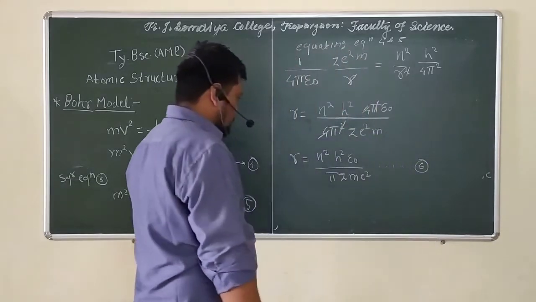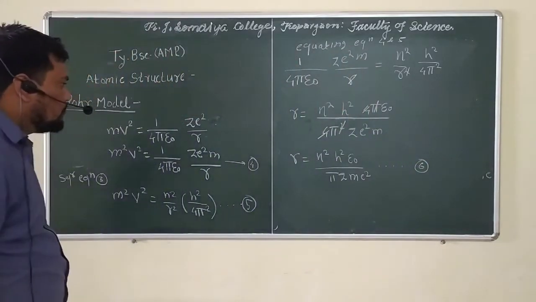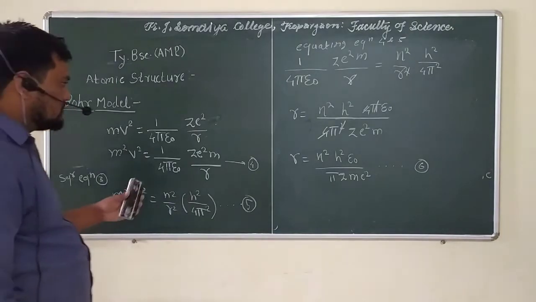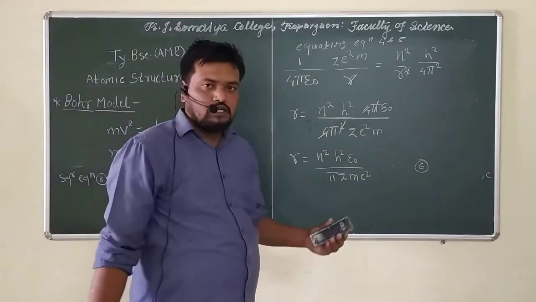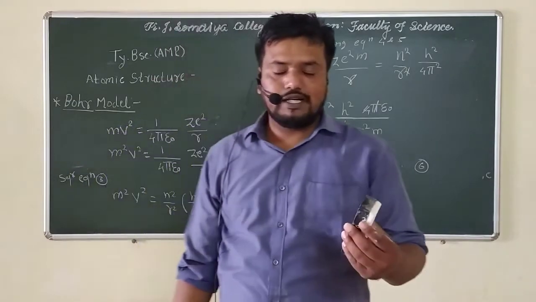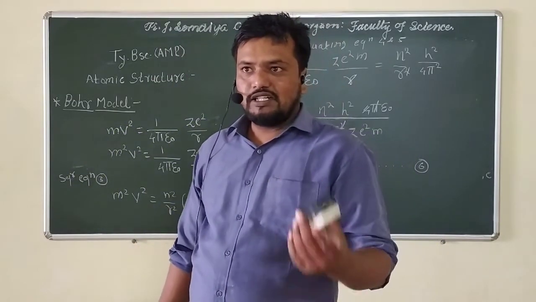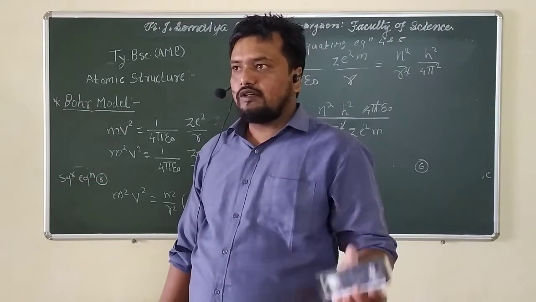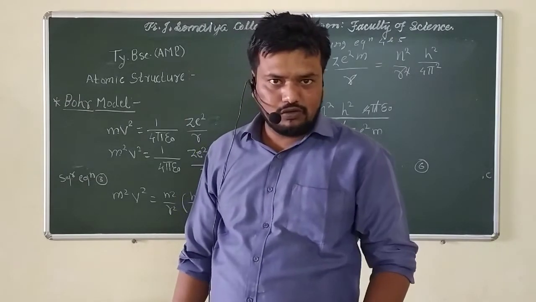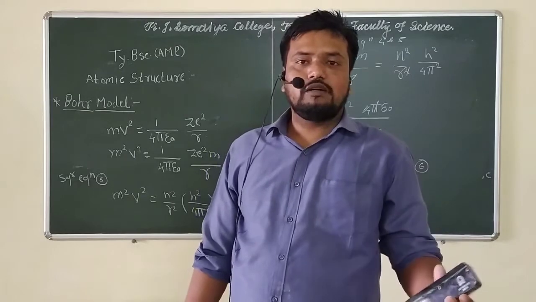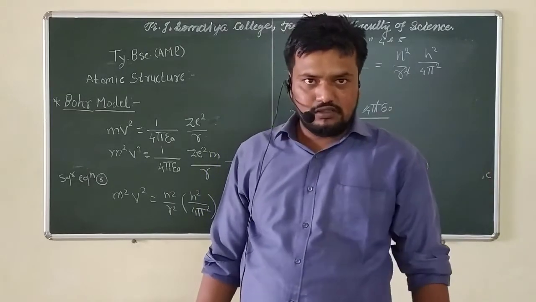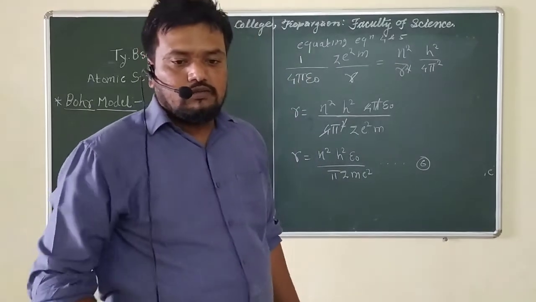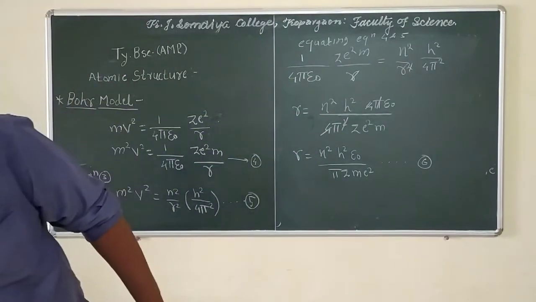So the Bohr model of an atom is the theory considered for the hydrogen atom, and we have to know that the hydrogen atom has a stationary nucleus having one proton, and outside of the nucleus one electron. The atomic number of hydrogen is 1, so for the hydrogen atom Z is equal to 1.